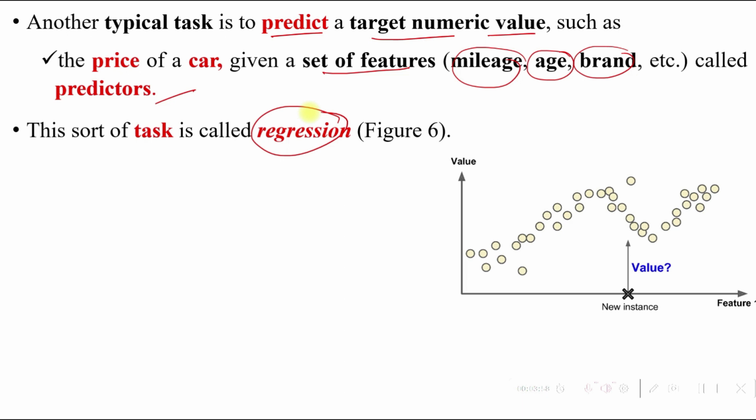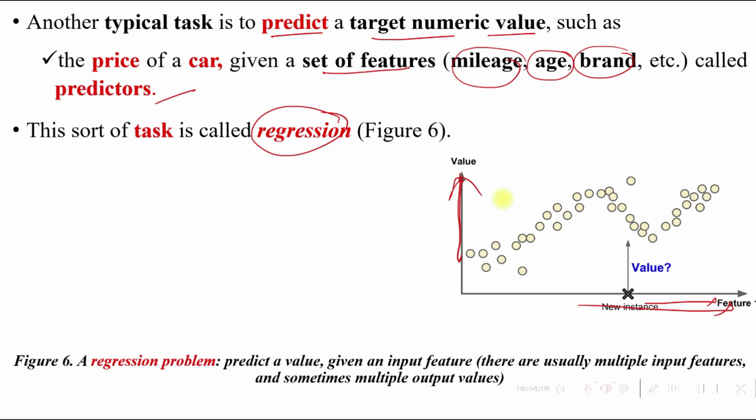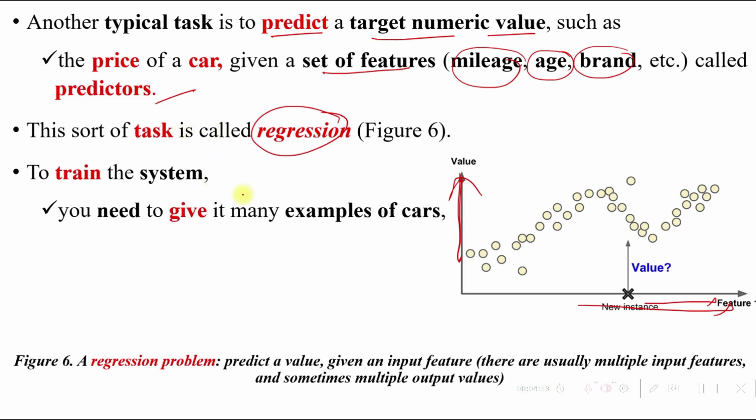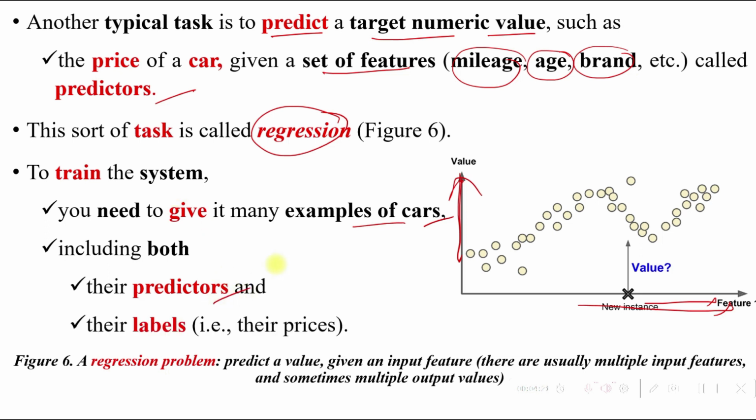So here we have some set of features, and corresponding values are there. Now to train the system, we need to give many examples of cars, including both their predictors and corresponding labels.